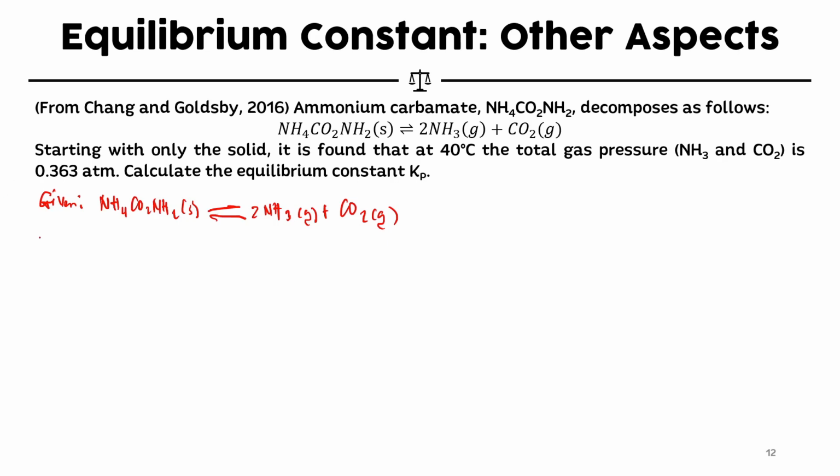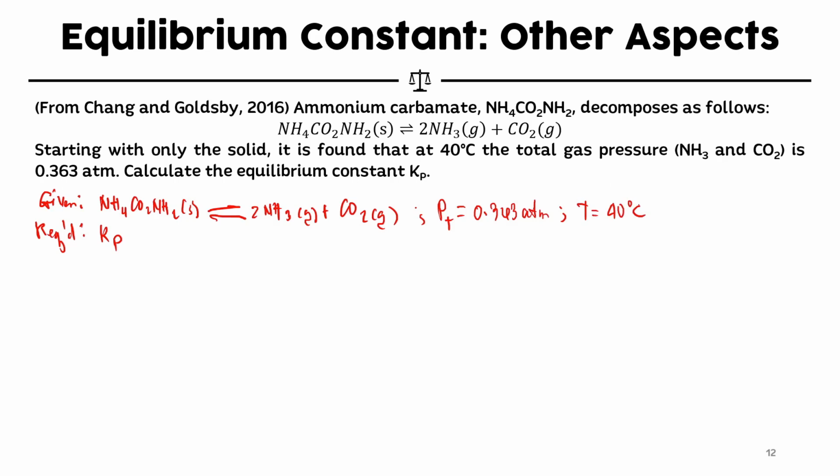Before that, we write what is required, which is our Kp. I forgot to write down the total pressure, which is also given, so that is equal to 0.363 atmospheres, and the temperature, which is equal to 40 degrees centigrade.